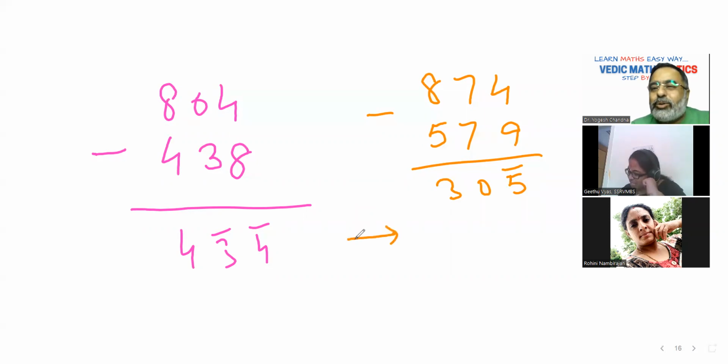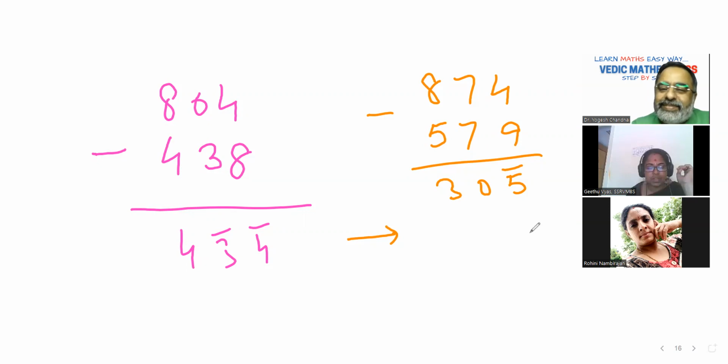Convert this using the rule. Yes, sir. Please explain. Sir, if the number at the rightmost position is having a bar, we should add 10 to it.